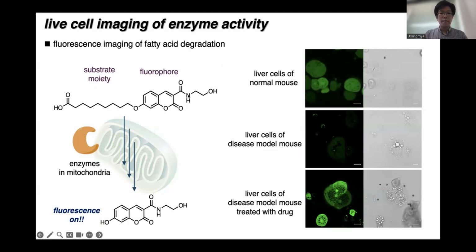However, in the case of cells from a disease model mouse, the fluorescence decreases. And after drug treatment, the fluorescence intensity is enhanced. So like this, we can detect enzyme activity in a disease model by using a fluorescent probe.